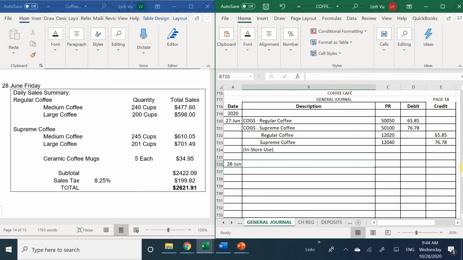628. We're going to debit checking, and then we're going to credit sales regular coffee. Let me see if I put it in here.